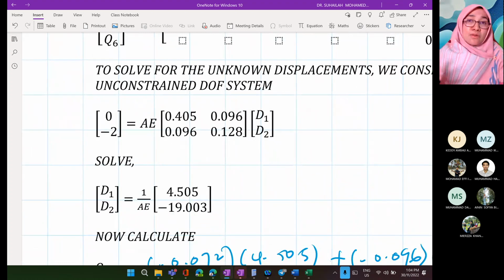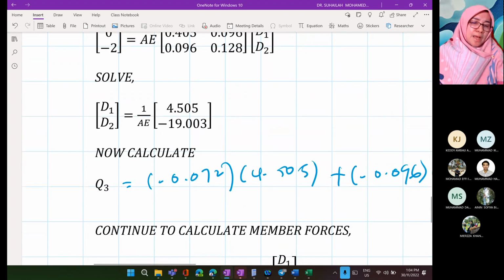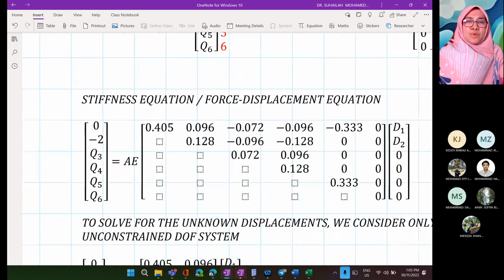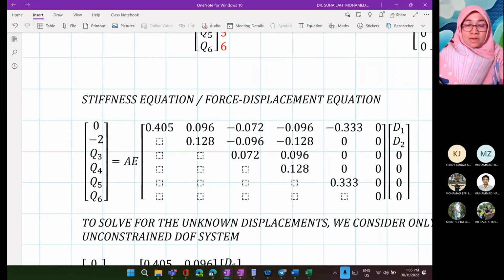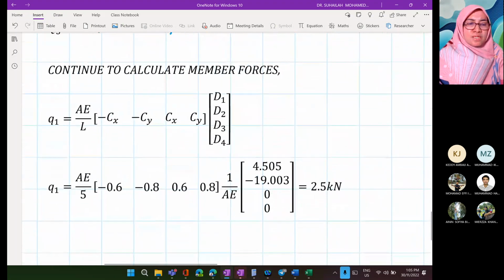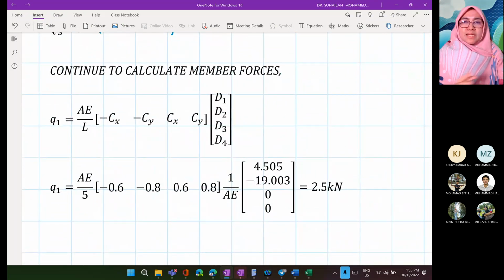Since AE is unknown, not given, we keep D1 and D2 in terms of AE. After that, we use the stiffness equation to calculate Q3, Q4, Q5, Q6 as the 4 unknown reactions in the truss. And we use D1, D2 to calculate the member forces using this formula. So basically, this is all about the stiffness method analysis of truss.